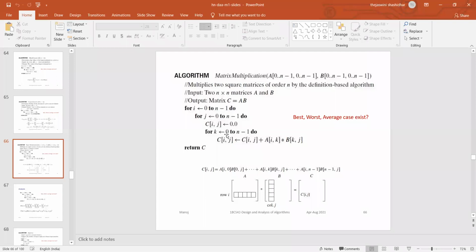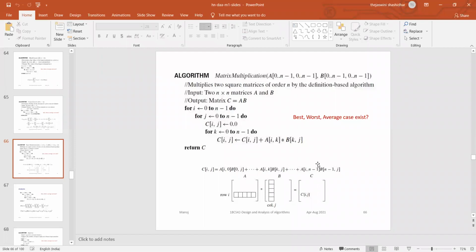Now you multiply: A of ik star B of kj. A of ik means the ith row, B of kj means the jth column. So row into column we are adding, and finally the result is stored in C of ij.